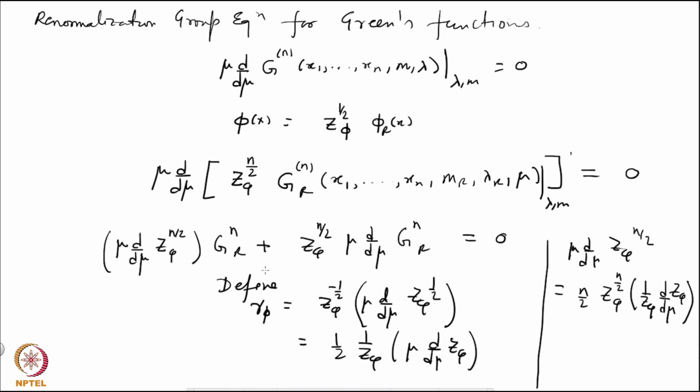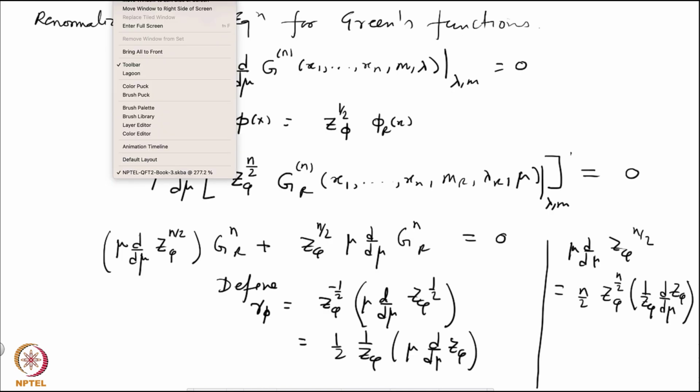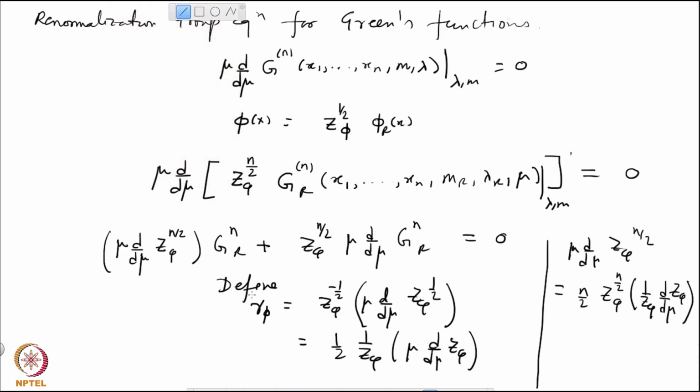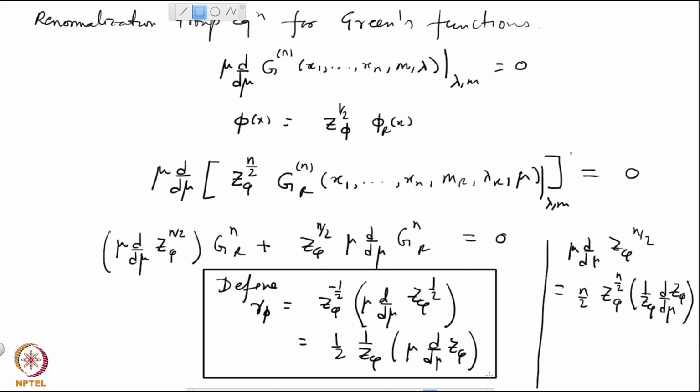Okay, so that's the definition of gamma phi. Now I will substitute this in here, in this expression. So mu d over d mu Z phi to the n half, I will substitute from here, and then I will use the definition of gamma phi and put it in this equation.